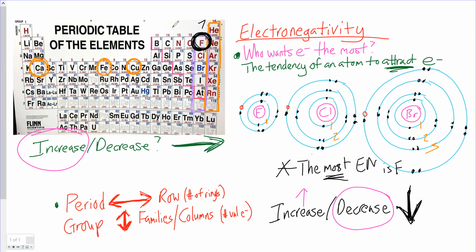Or who is the least electronegative? Or please list these in order of increasing electronegativity, or decreasing electronegativity. So those are the 4 different ways I could ask you about this. I could give you 4 or 5 elements, but I probably won't give you more than 4.